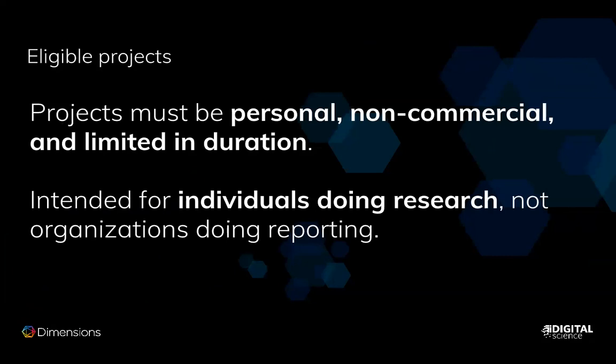Dimensions no-cost access is intended for you as an individual scientometrics researcher to do a scientometrics study that is really intended to just add to the knowledge that's out there in the peer-reviewed literature about the structures of science or how scholars communicate and so on. It's intended for individuals doing research, not organizations doing reporting.